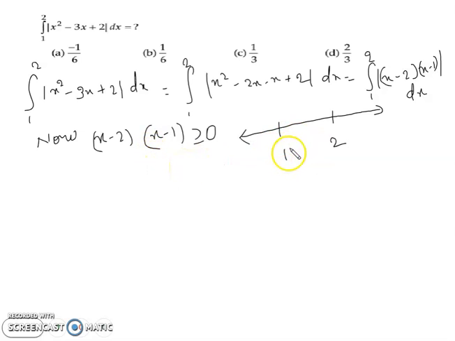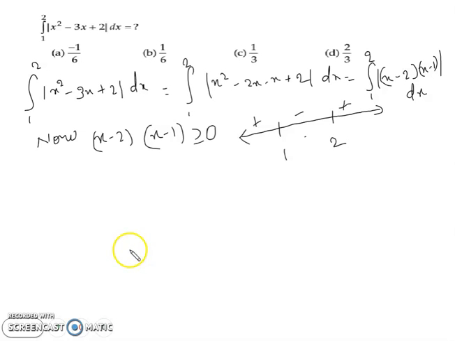And when we put a value greater than 2, we will get a positive term, right? And when we put a value between 1 and 2, we will get a negative value, right? And when we put a value less than 1, the value is also positive.